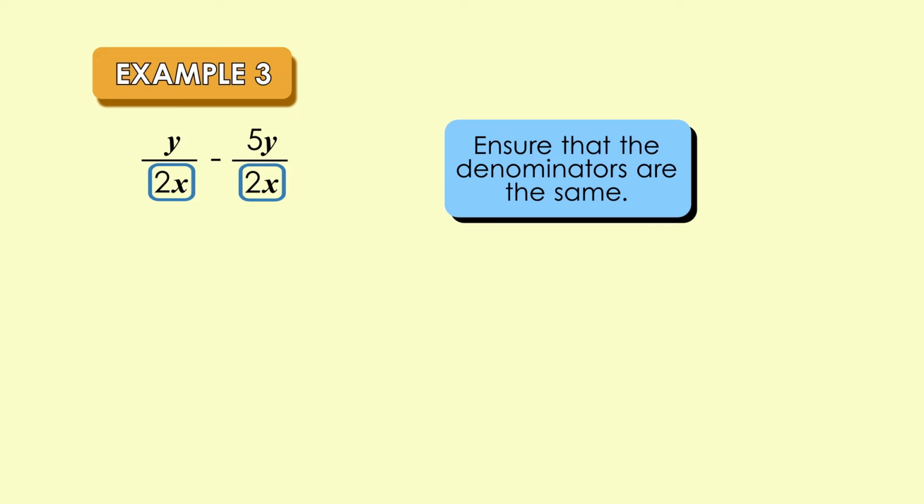Since the denominators are the same, we can carry on with the subtraction of the numerators. y minus 5y equals negative 4y. Hence, we will get negative 4y over 2x. We can simplify this. Therefore, the answer is negative 2y over x.